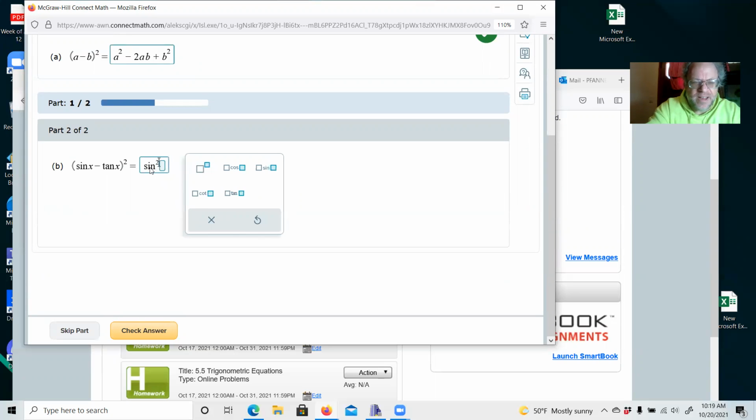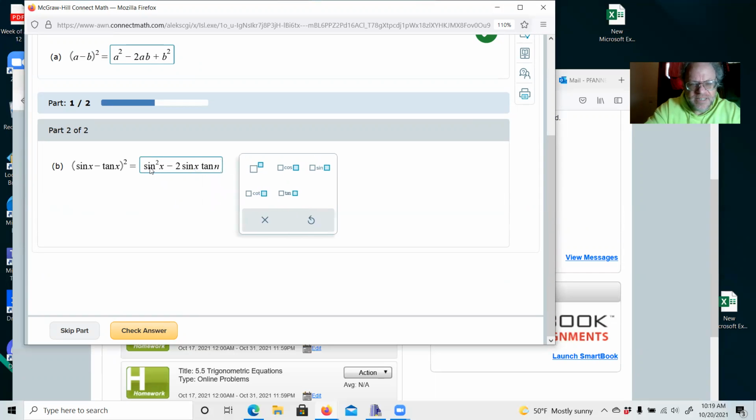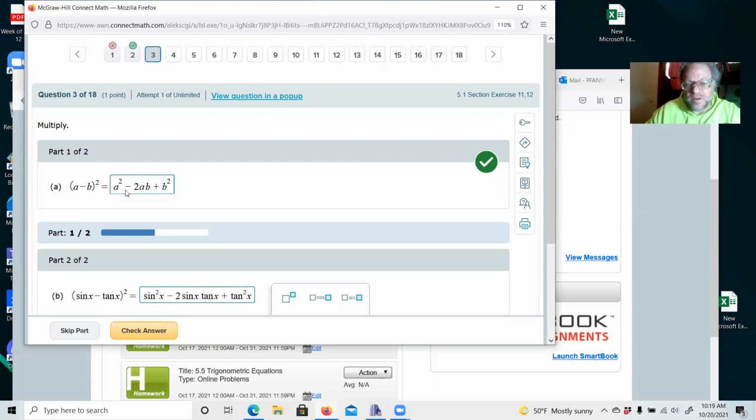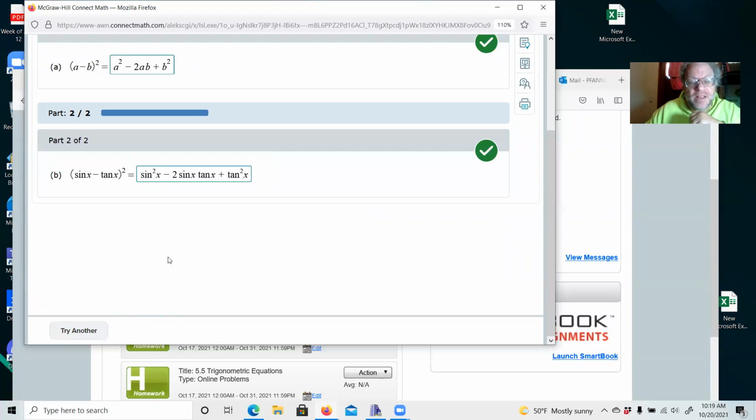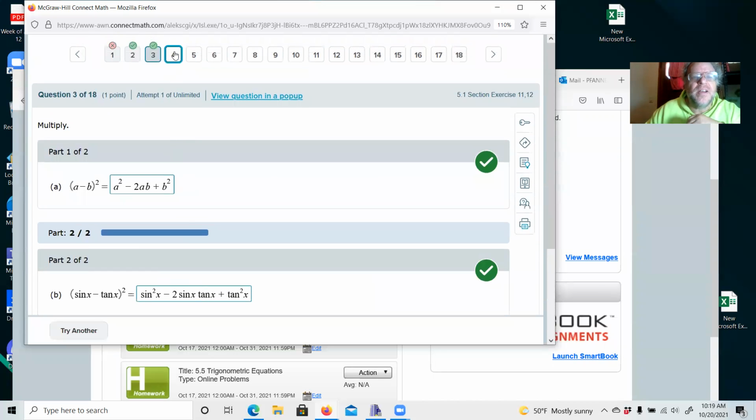So this is going to be sine squared of x minus 2 sine x tangent x plus tangent squared x. Right. So again, we could do it with algebraic things, with x's and a's and b's. You could also do it with sines and cosines and such. That's all they're trying to show you here.